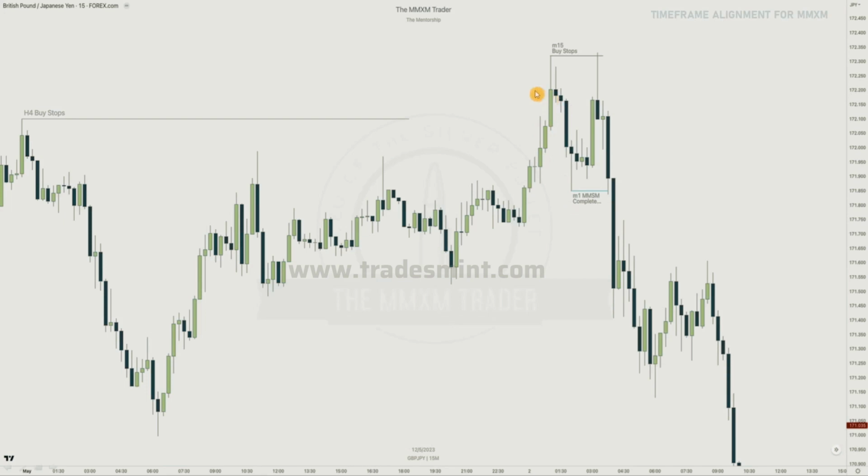So 15-minute time frame, again, buy stops have been raided, right? So external range liquidity, and then we're going to look into a 1-minute time frame. And personally, I think if you use a 15-minute time frame as your key level and then a 1-minute market maker buy or sell model, a pair like GBP JPY is perfect because these pairs move a lot compared to, for instance, Euro USD.